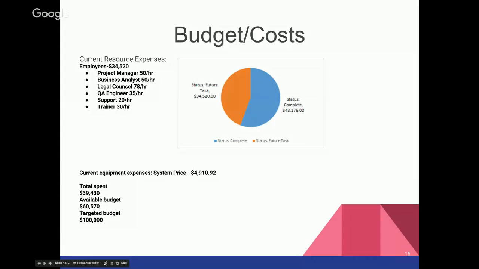So all in total, we spent about $39,430. We still have a good $60,000 left in our budget.